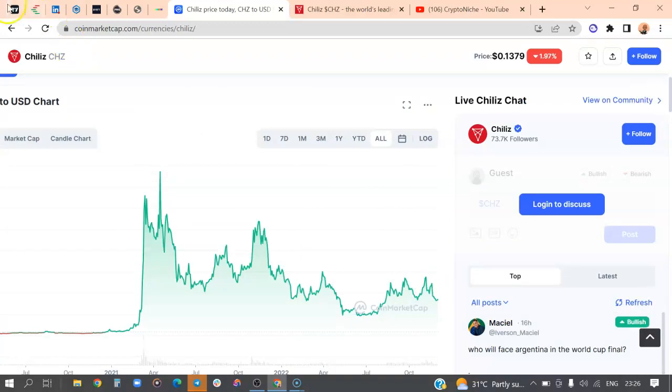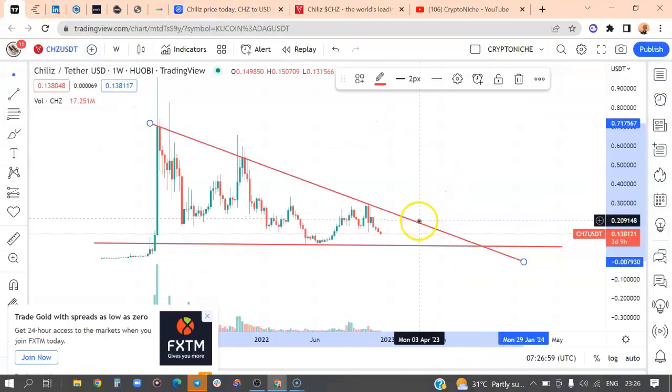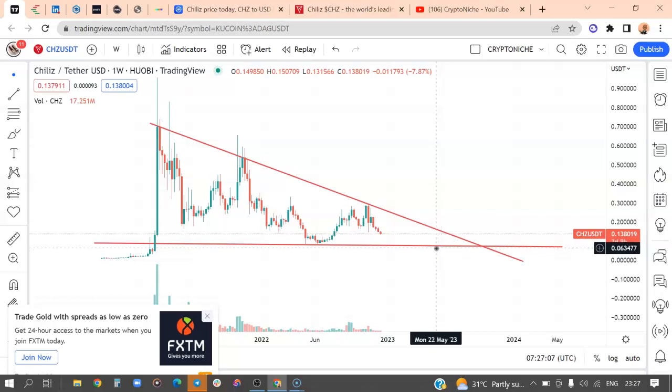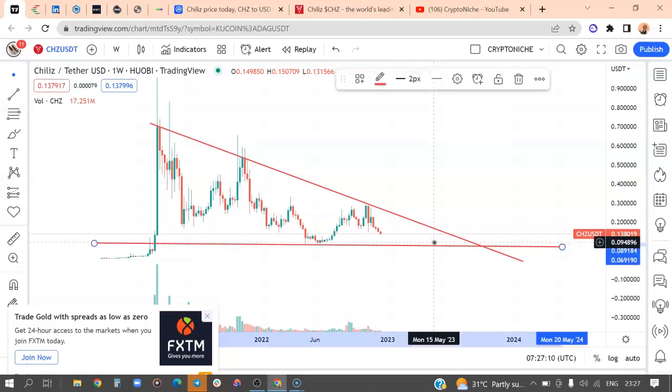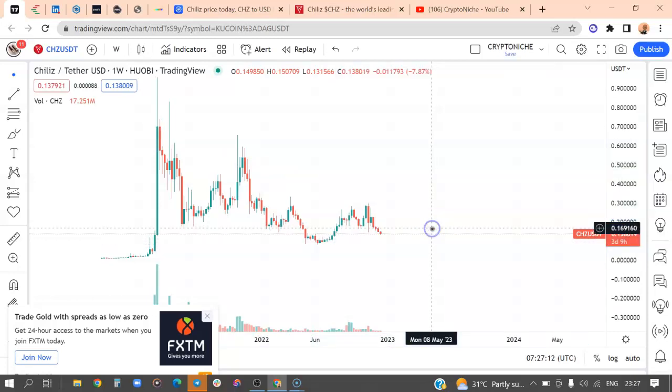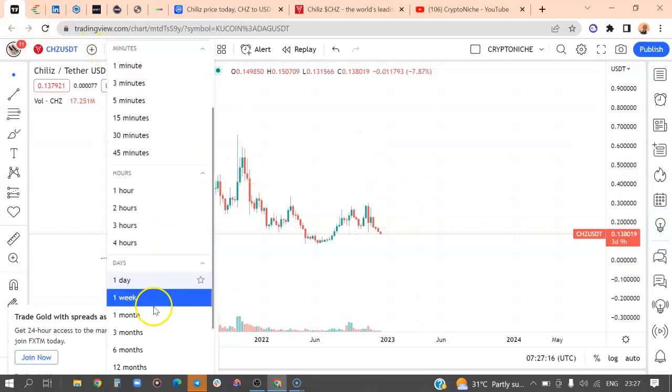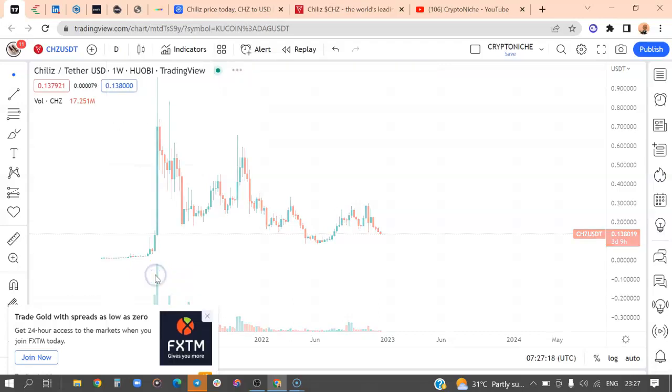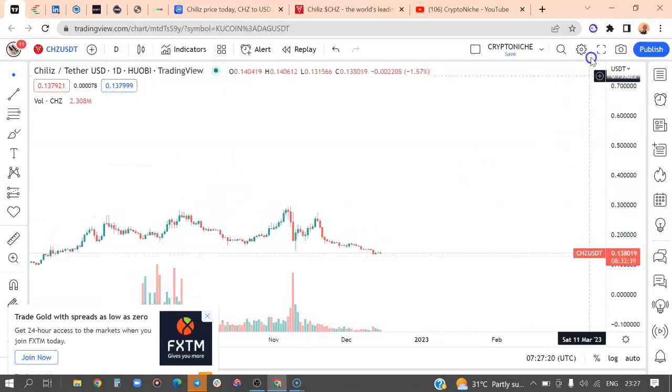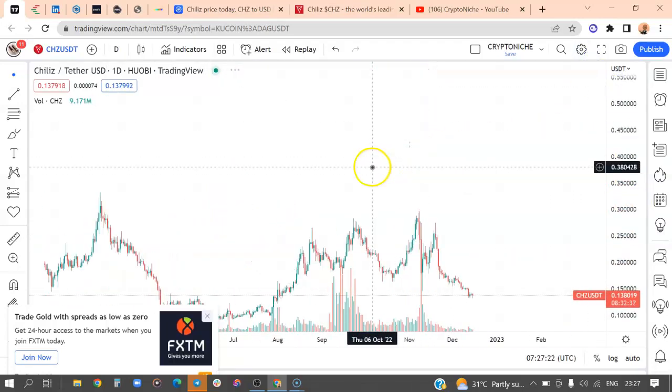So let's have a look at the charts on the lower time frame. Generally on this time frame, you can see that it is bearish. That is the general sentiment. I'm going to switch this to 1 day and have a look.